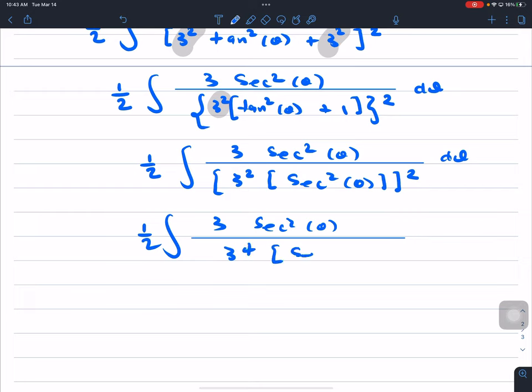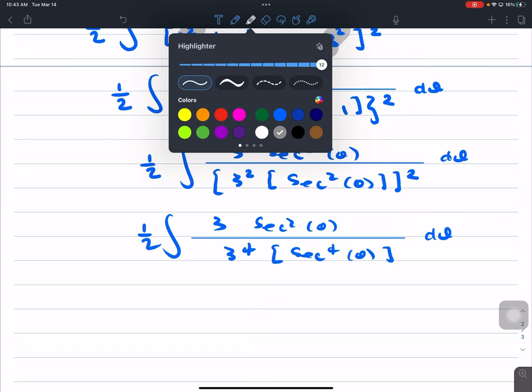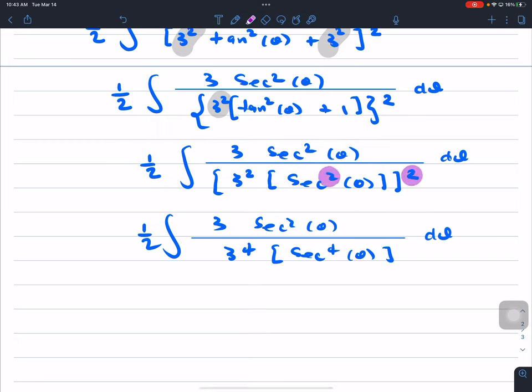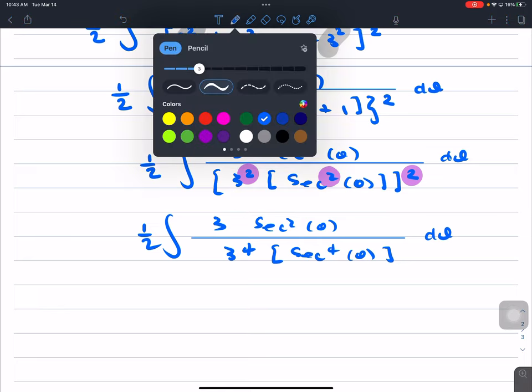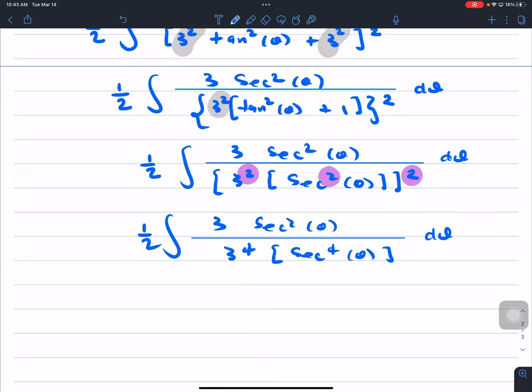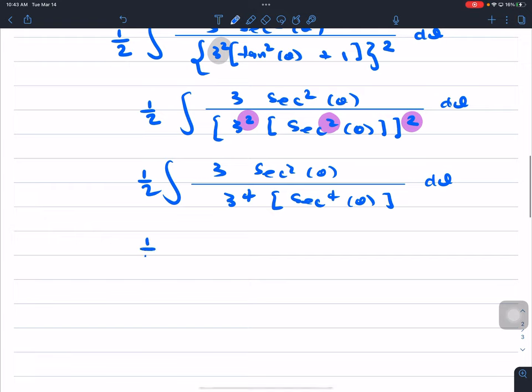And then that's now going to be secant to the what? 4th power. So I distribute my power here, 2 times 2, and then times that 2. And now my constant will be 1/2 times, let's pull it out, 1 over 3 to the 3rd power. And then we're going to integrate, and then we have really 1 over what? Secant squared theta d theta. Is that true?